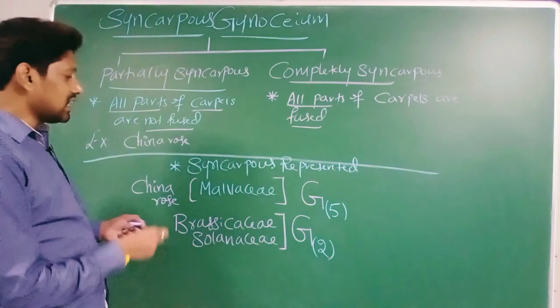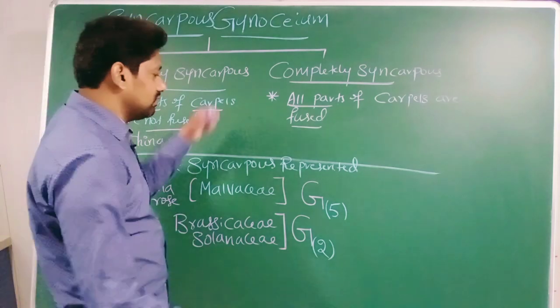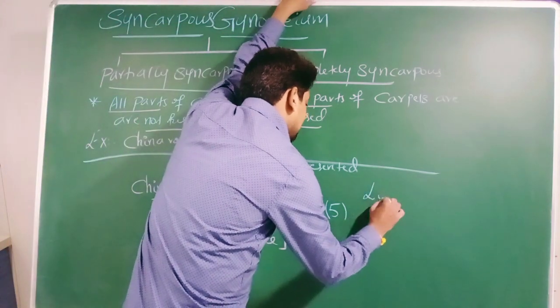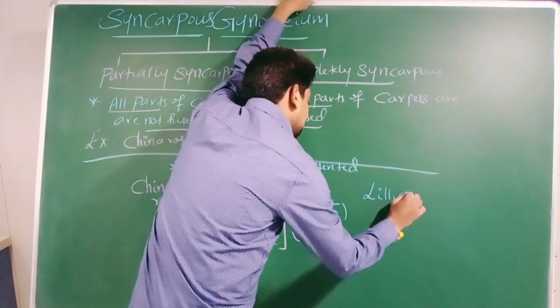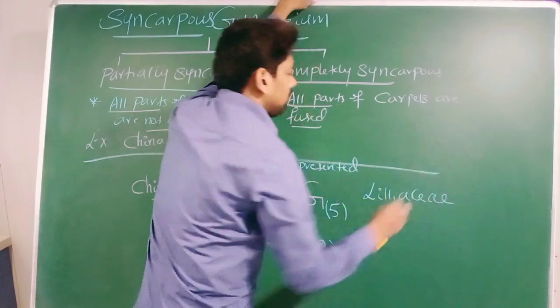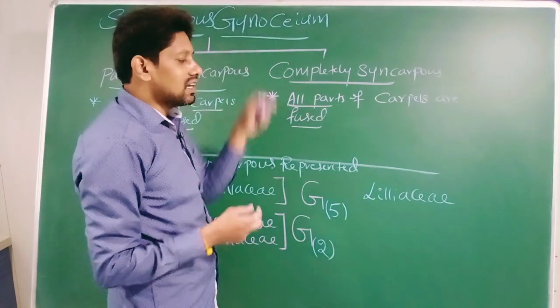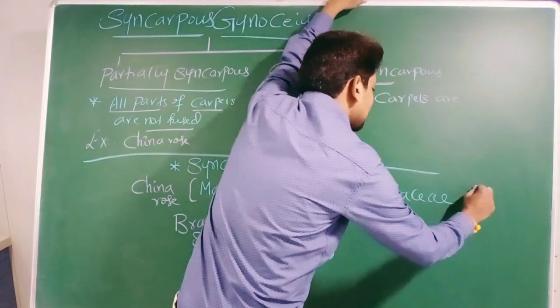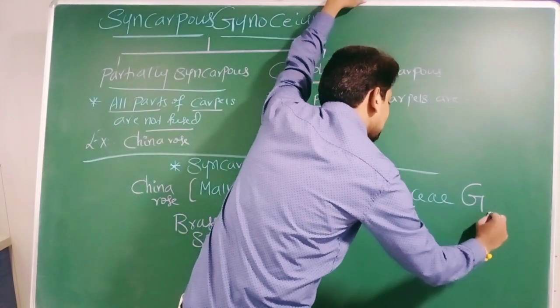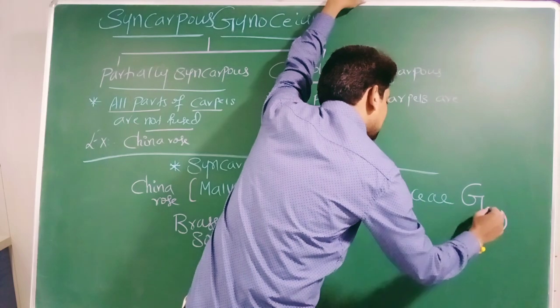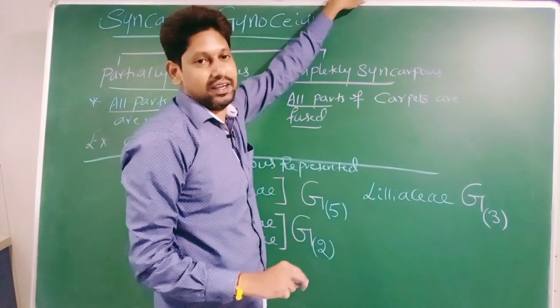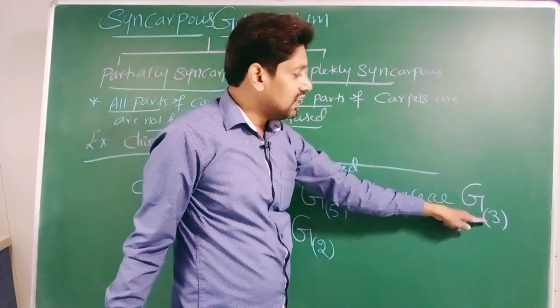Now, you take the Liliaceae family. In the case of Liliaceae family, Gynecium is with 3 carpels. 3 carpels fused, therefore inside the bracket. Therefore, G, 3 inside the bracket.